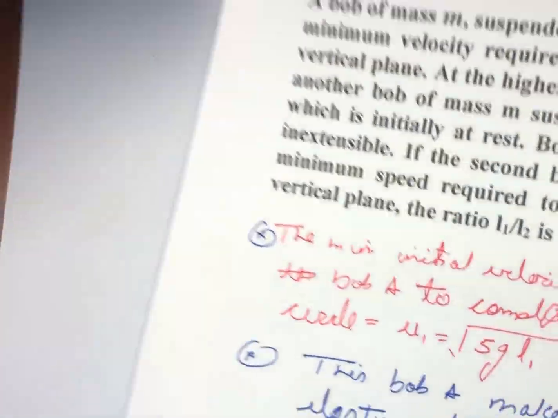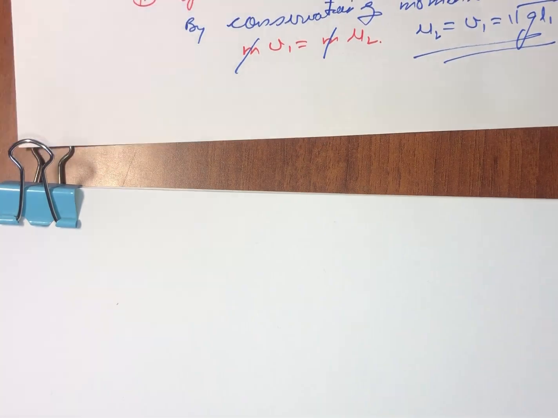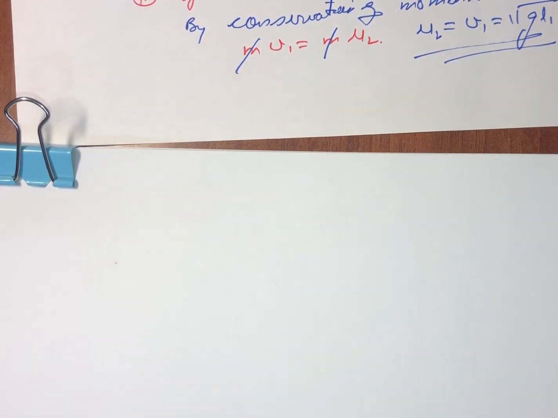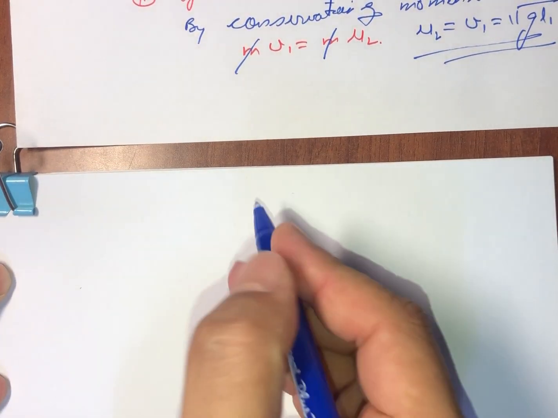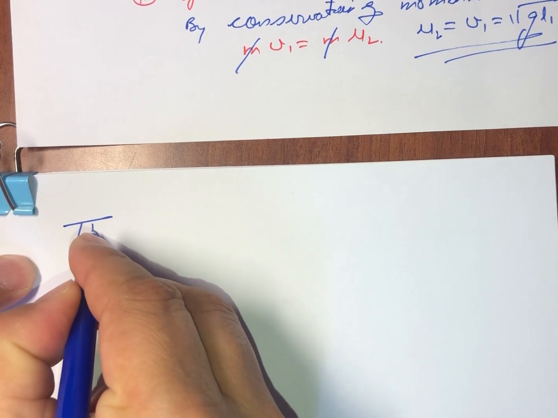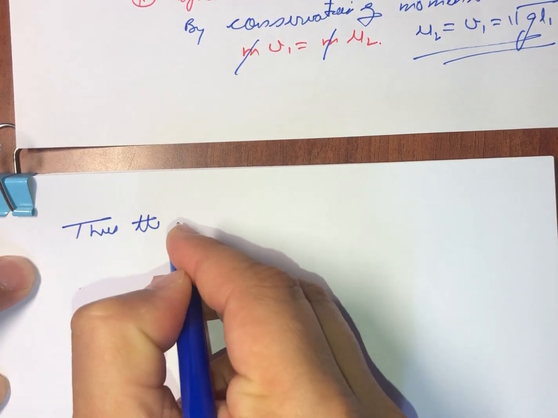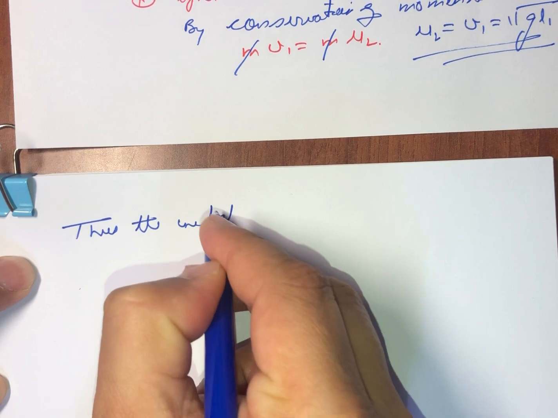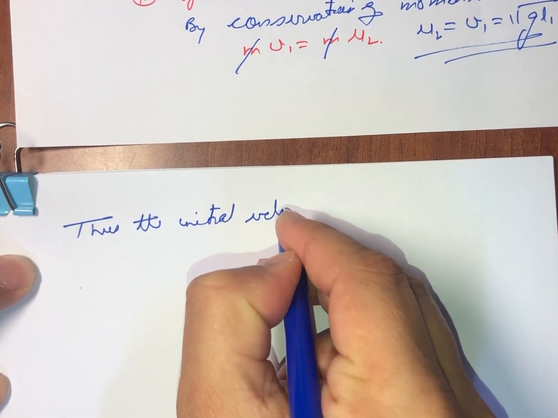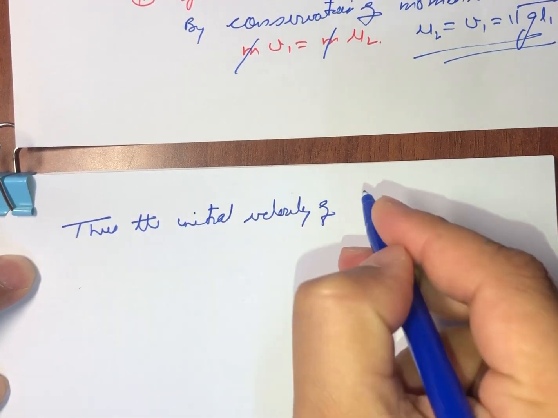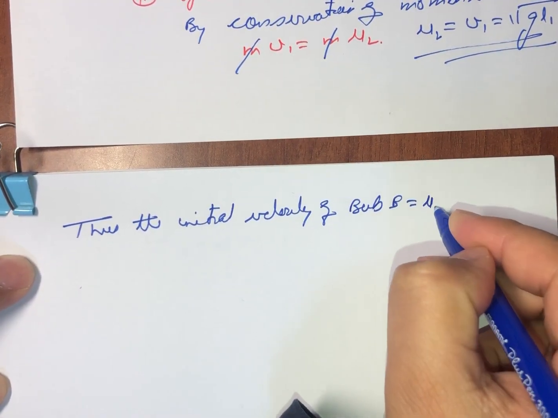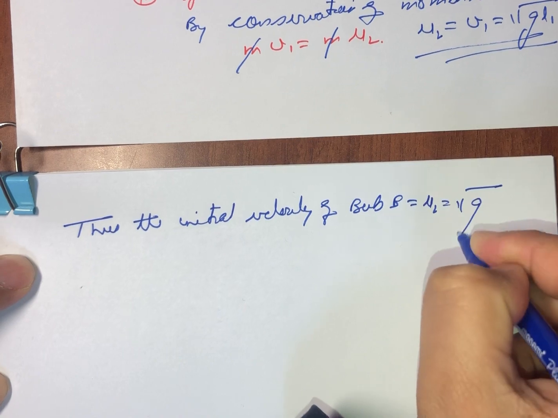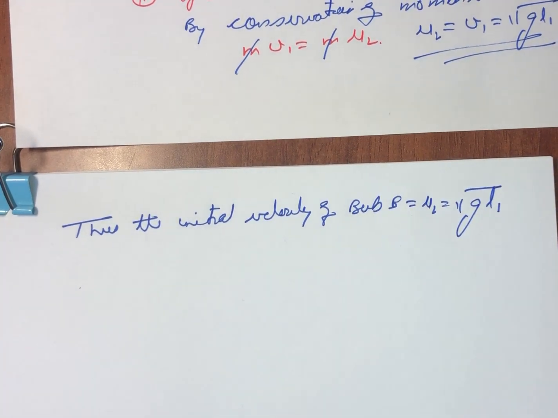So the initial velocity of bob B is u2, which is equal to the square root of gL1.